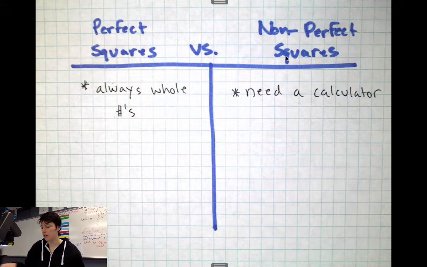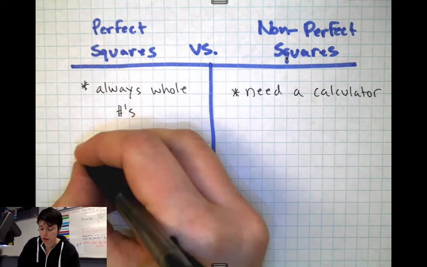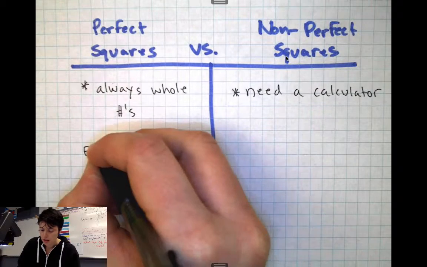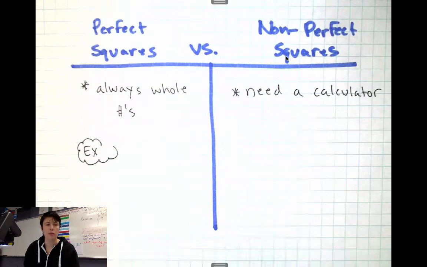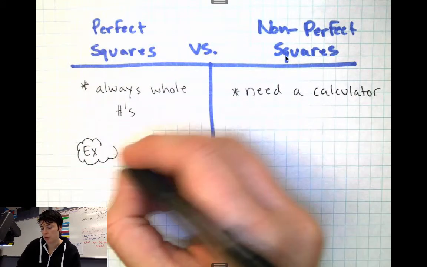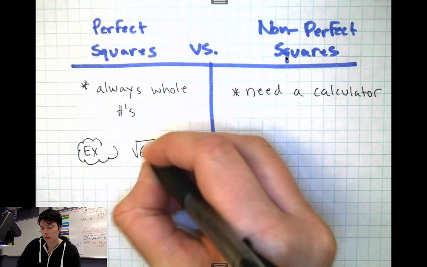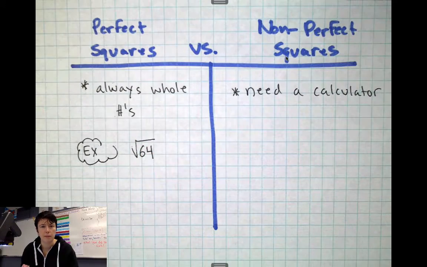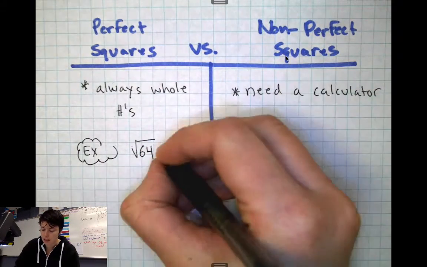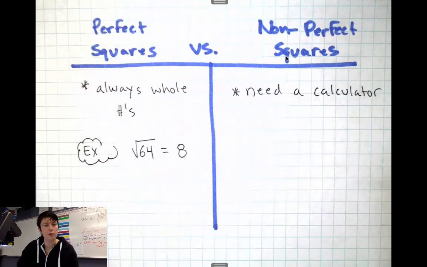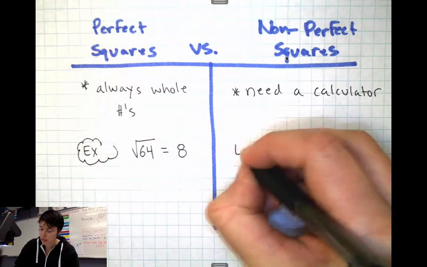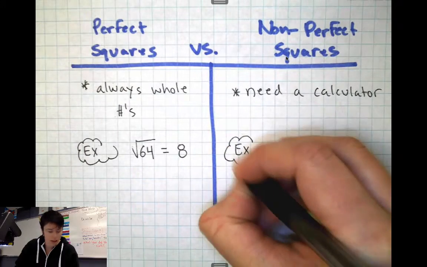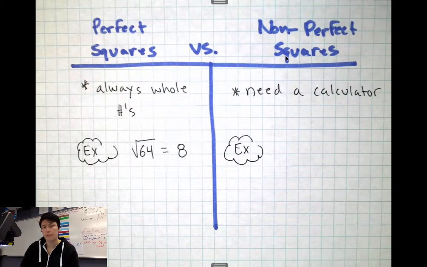So let's put an example in our table here. An example of a perfect square could be something real simple, like the square root of 64. What's the square root of 64? Yeah, it's 8. 8 times 8 is 64. It's a perfect square. An example of a non-perfect square would be something like the square root of 12.